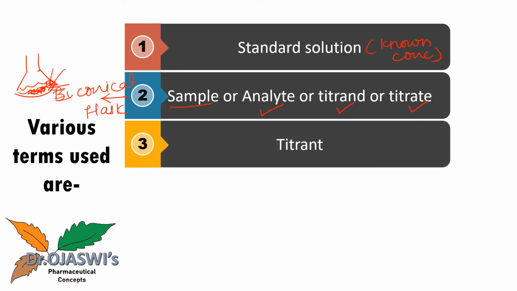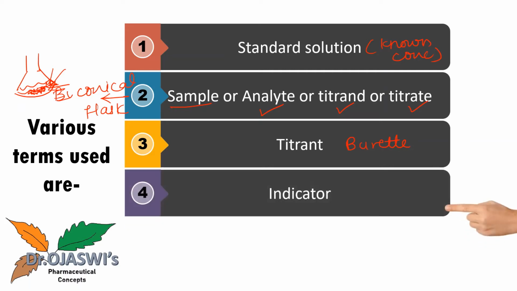Next, the standard solution, which I call the titrant, the standard solution of known concentration, is taken in the burette, which is calibrated. Then the indicator, as I mentioned, has also been added into the conical flask along with the sample solution. This indicator helps me understand when the reaction of standard and sample is completed.